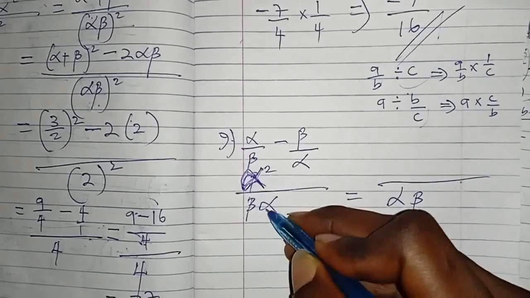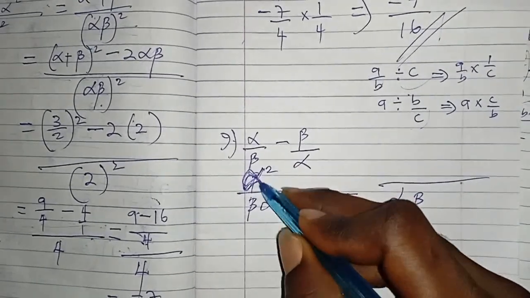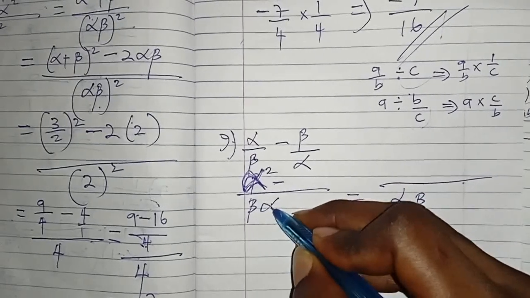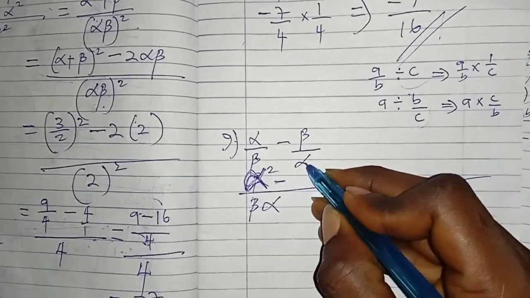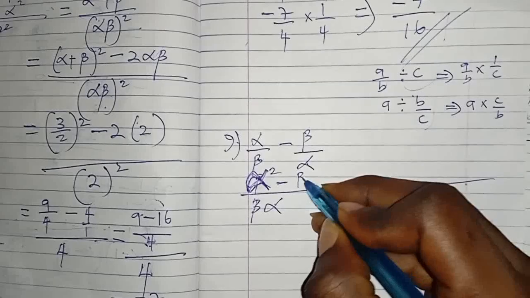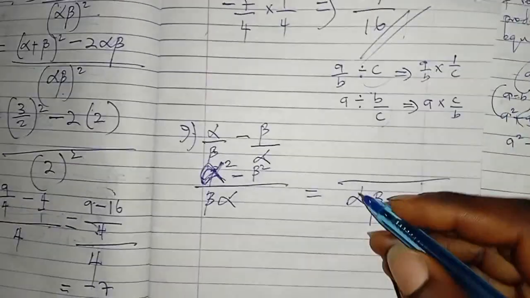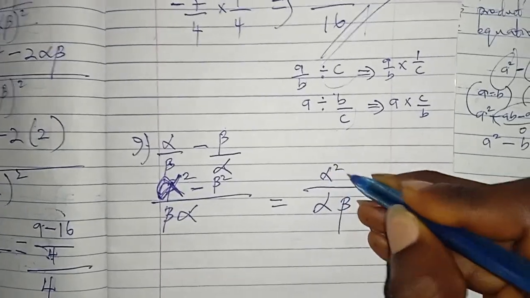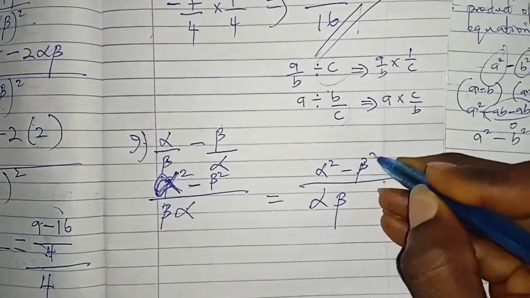So alpha beta divided by beta is alpha. Alpha times alpha is alpha square, minus alpha beta divided by alpha is beta, times this is beta square. So this is the same thing as saying alpha square minus beta square.